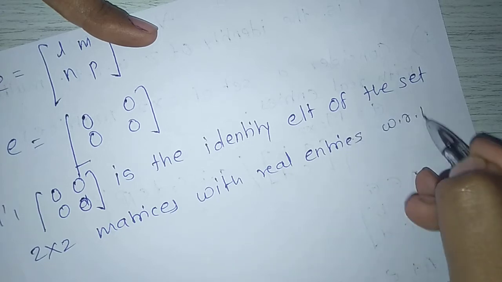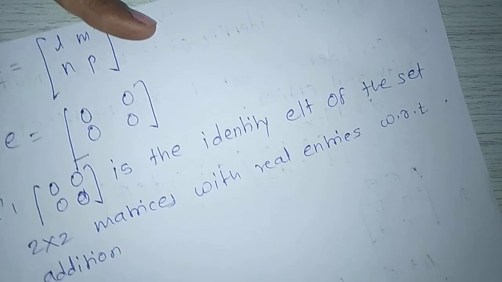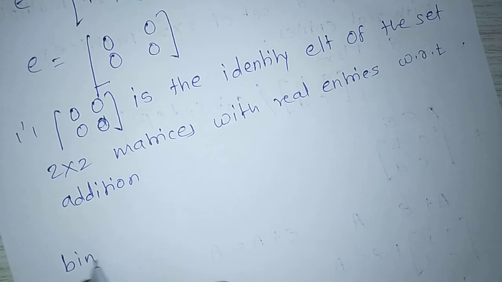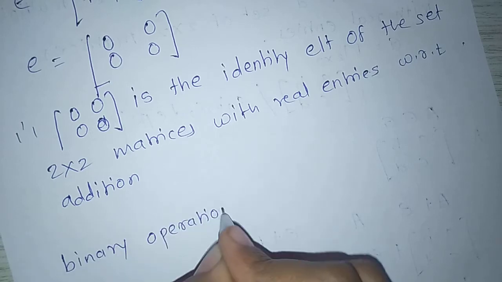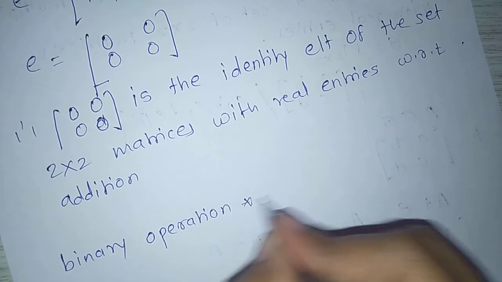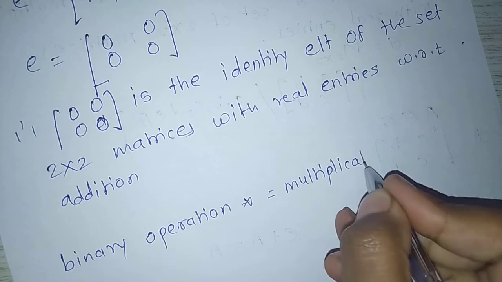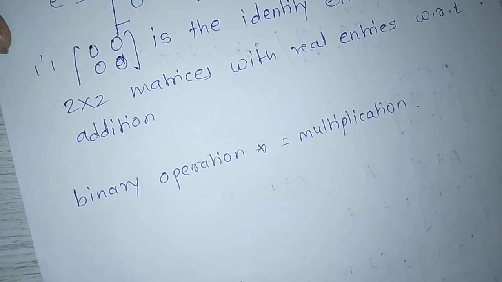with respect to addition. Now if binary operation star equal to multiplication, then what is the identity of the set of 2 by 2 matrices with real entries?